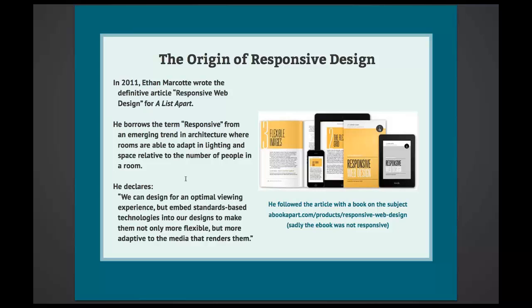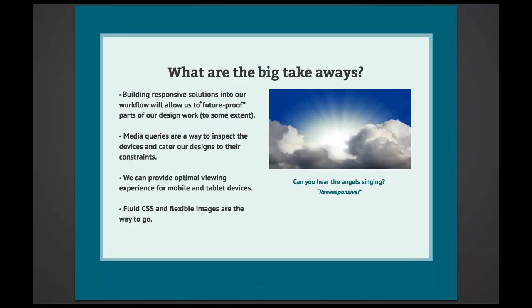So he declares, we can design for an optimal viewing experience but embed standards-based technologies into our designs to make them not only more flexible but more adaptive to the media that renders them. And just a little side note, the ebook was a PDF, so it was not responsive, but hopefully they'll be making responsive ebooks now.